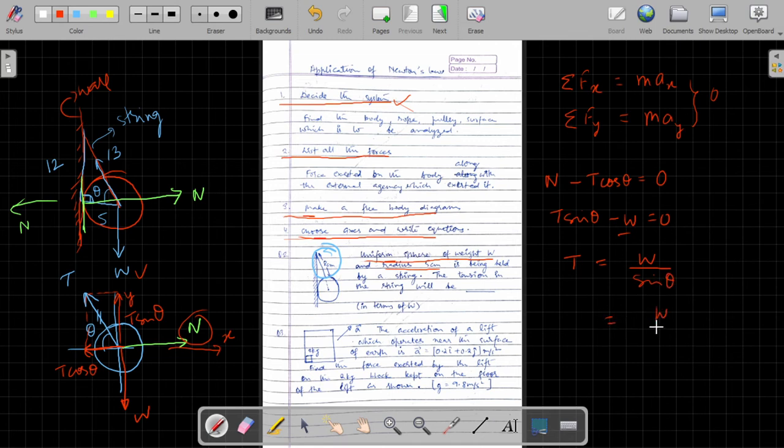So sine theta from our diagram would be simply 12 upon 13, since it is perpendicular upon hypotenuse. Perpendicular of the right-angled triangle is 12. So this gives us the tension in the string as 13 times W by 12. So that would be the tension in the string.